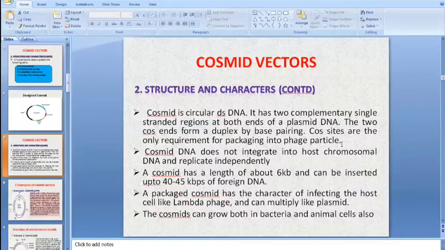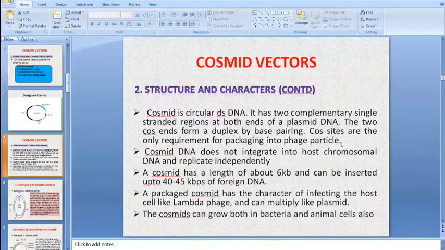So it is like the lytic phase, where it can replicate inside the host cell but won't integrate with the host chromosomal DNA. Host is nothing but E. coli, Escherichia coli. Another character is that it has a length of about 6 kb, and can accommodate up to 40 to 45 kb of foreign DNA. So when compared to the previous ones, it is larger than the plasmid or bacteriophage vectors which we discussed in the previous lessons.